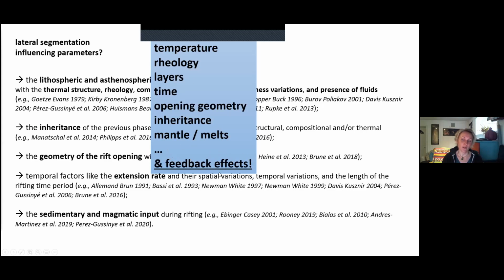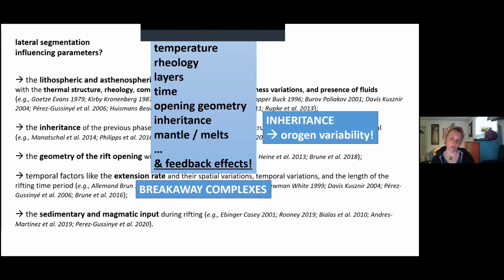So that also adds a certain level of complexity to the equation. So I'm not going to discuss this today. What I'm going to do is try to add 2 more items to that list. I would like to discuss the breakaway complexes and to add something under that inheritance umbrella, dealing with the orogen variability. And I will show you that.